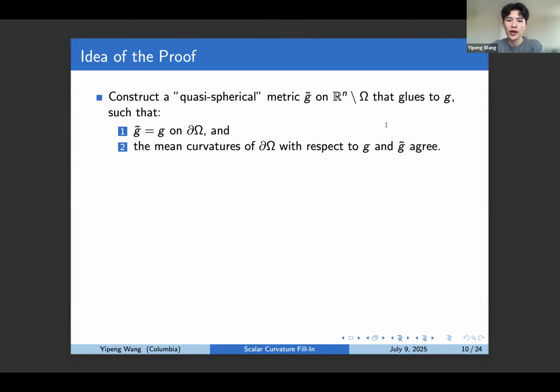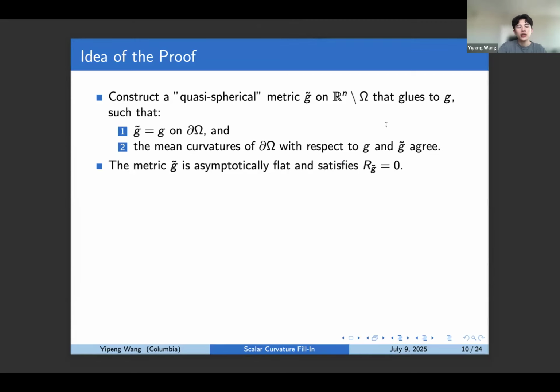Recall that omega can be embedded into Euclidean space, and outside omega you construct a metric that glues to your original metric G. I'm going to explain the terminology quasi-spherical a little later, but it's just a metric that satisfies certain conditions. You want it to agree with the metric G on the boundary, and you want the mean curvatures of these two metrics at the boundary of omega to match. Therefore you can glue this metric to the inside of omega from the outside region.